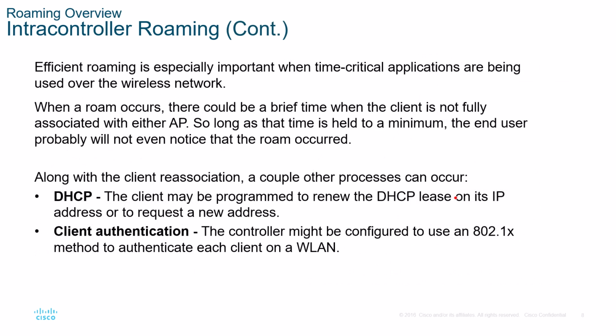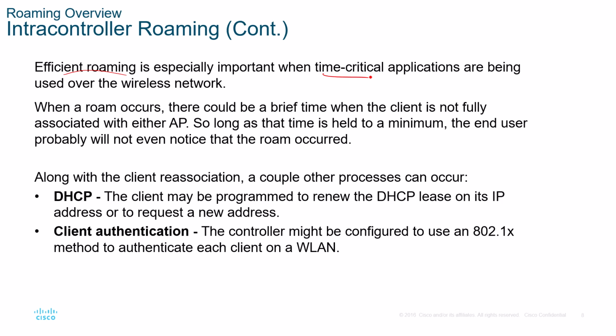The intra-controller roaming portion is about how efficiently this process can be done. The efficient roaming process is especially important with time-sensitive applications. If you're on a VoIP call and you go from one access point to another, or a teleconference, you shouldn't be losing enough packets to see the video or audio degrade if done properly.